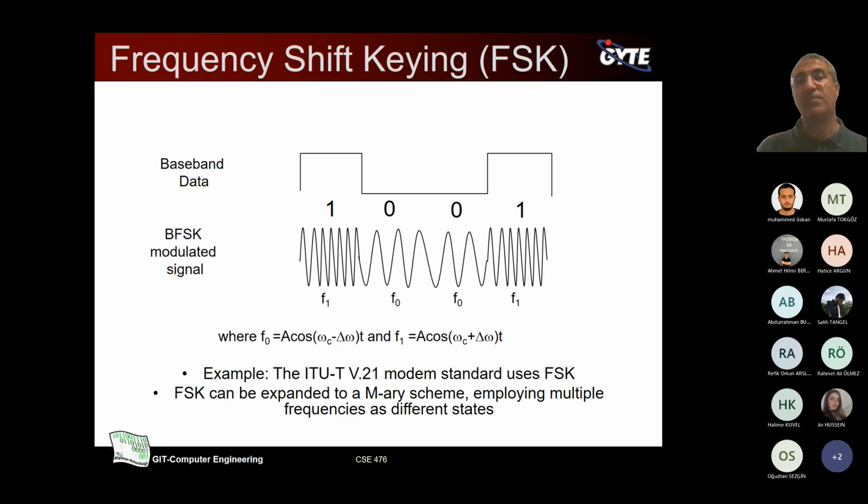So you see the frequency of your sinusoids is changing according to the bits. This is called FSK, and this FSK is used by the standard modem that you use at your home for the internet access. And this is the basic binary FSK. We can expand this to the M-ary scheme that utilizes multiple frequencies as different states.